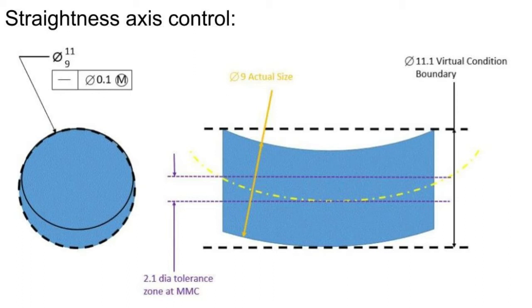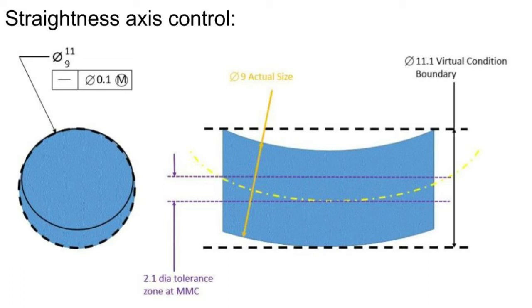Since straightness is applied at the maximum material condition, we get bonus tolerance. The bonus tolerance for this cylinder is 11 inch minus 9 inch. So we will get 2 inch. The 2 inch is the bonus tolerance, and 0.1 inch is the straightness tolerance applied at maximum material condition.